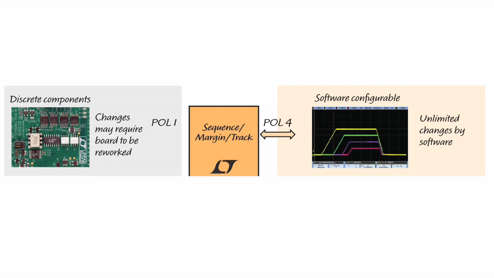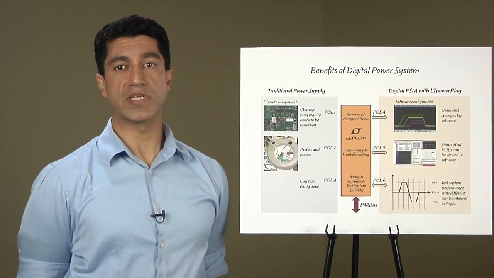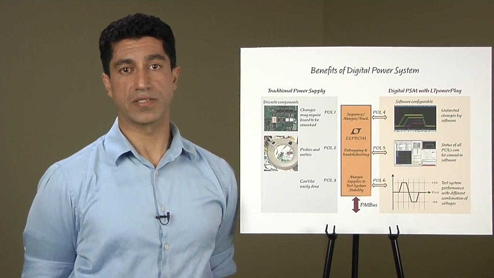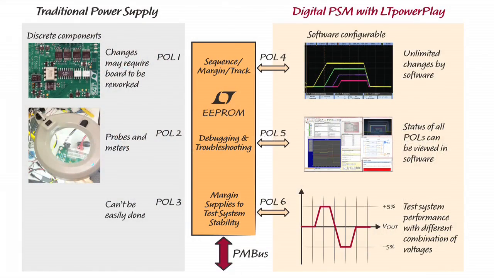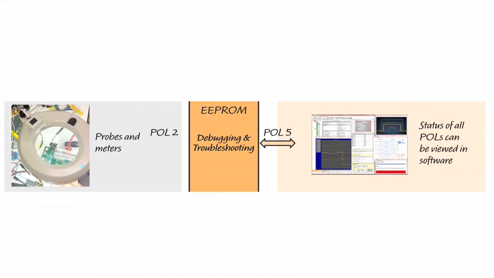Board level or component level changes are not required. Power parameter corrections can be done in the chamber, eliminating another requalification and delay in product launch. One obvious advantage is faster and simpler debugging and troubleshooting. With a traditional power supply, design is done with external meters and probes, which introduce measurement difficulties.